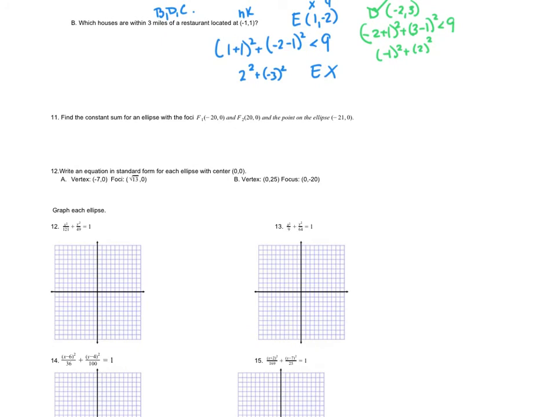Find the constant sum of the ellipse. So this is my x1, y1, x2, y2, x3, y3.